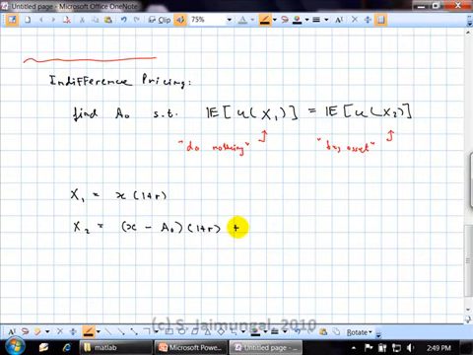Then, at maturity, one time step later, I'm either going to get AU or AD with the two probabilities. Now, we can write this in a couple of different ways. I'm just going to write it for now as plus A1, where A1 is our random variable that represents the asset's price at time 1.